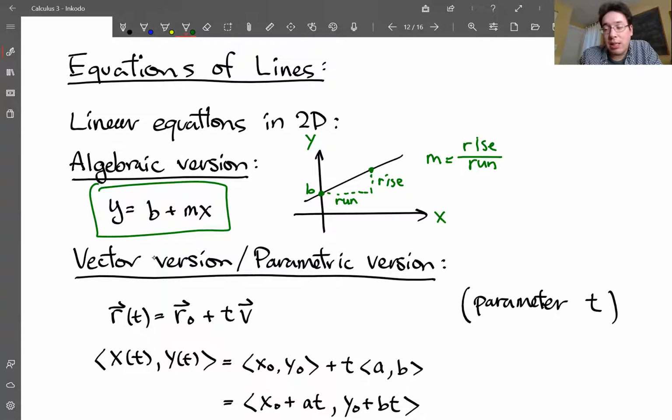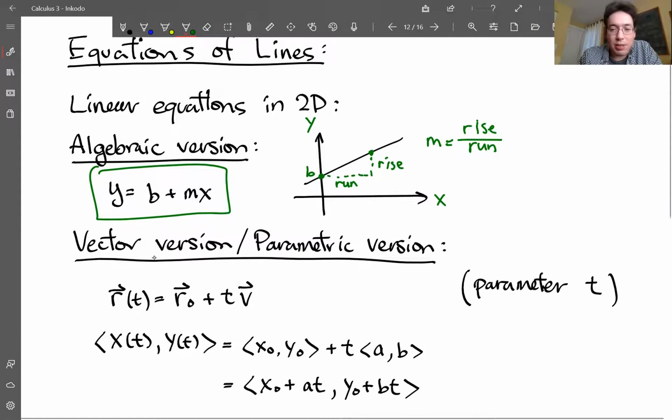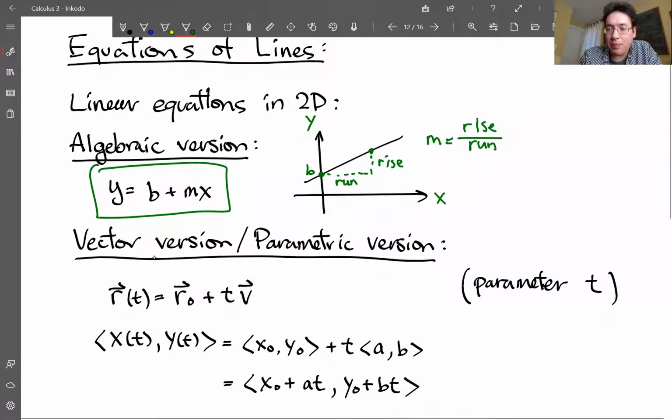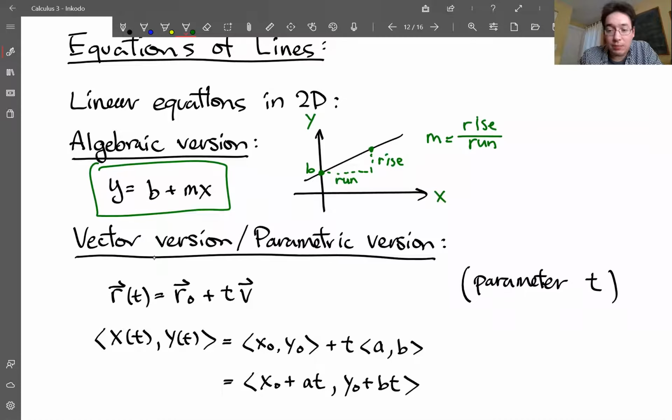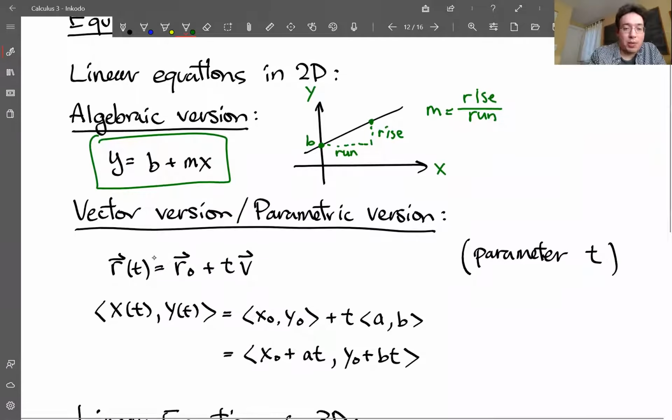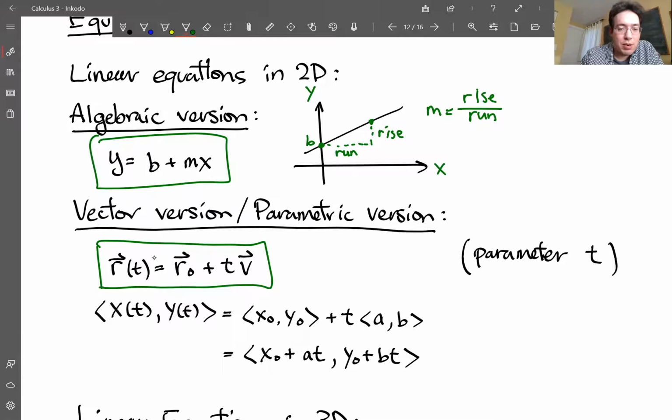So let me give you another way to write down an equation of a line in 2 dimensions. So I'm going to use vectors. And here's the formula I'm going to give you. It's not too different from before.